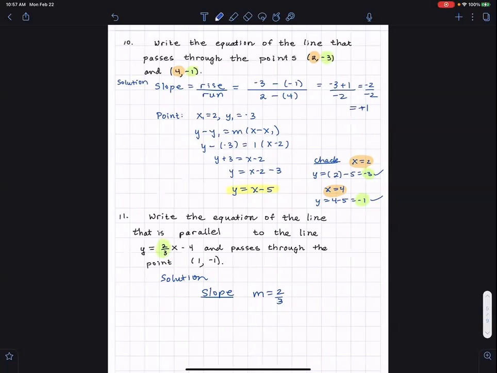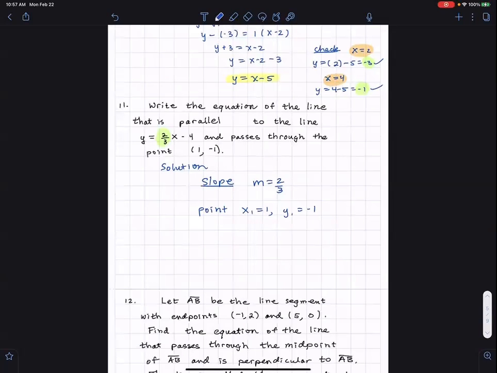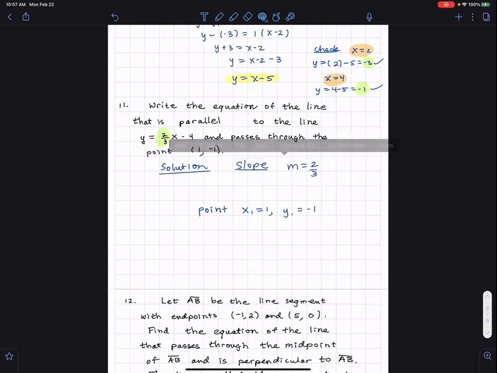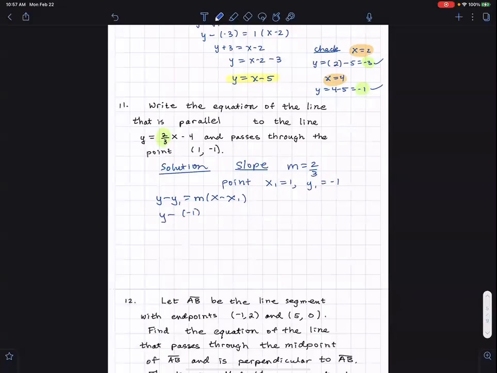And our point is x1 equals 1, y1 equals negative 1. Again I use y minus y1 equals m times x minus x1. So y minus negative 1 equals 2/3 times x minus 1. Y plus 1 equals 2/3 x minus 2/3.